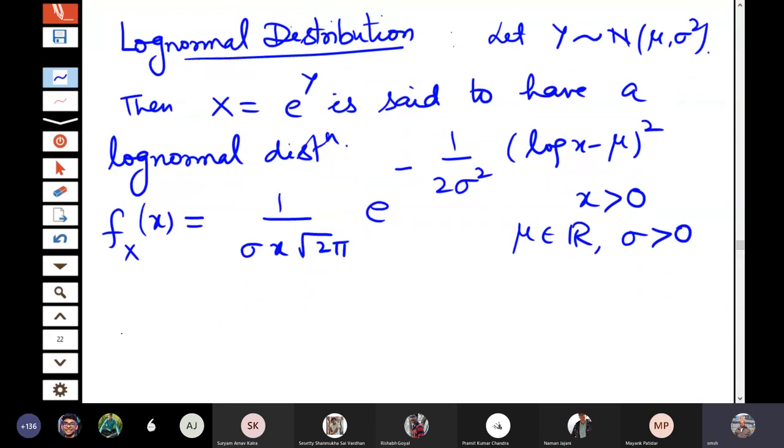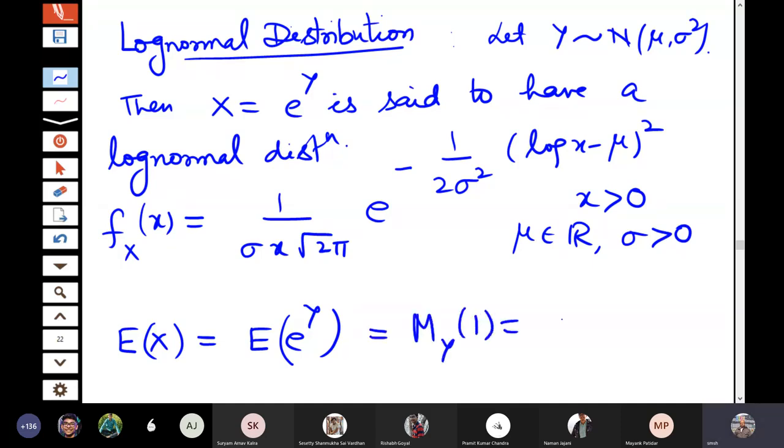So that is the relation between normal and log normal distribution. If you want to calculate the moments of a log normal distribution, then just use this relationship. This is nothing but the moment generating function of a normal distribution at t equal to 1, which is e to the power mu plus sigma square by 2.